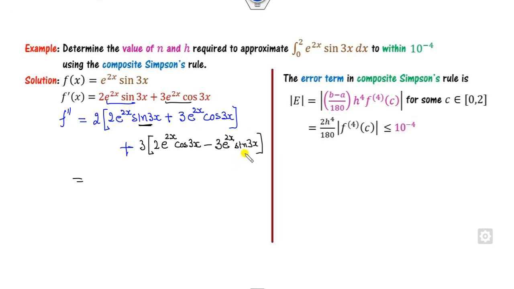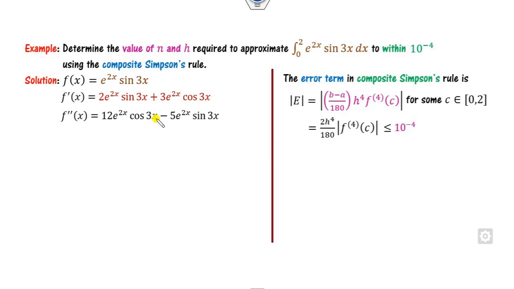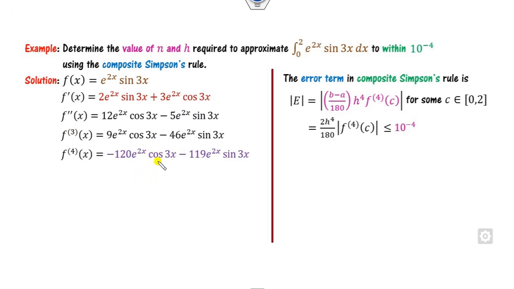This is a sine, this is a sine: it's a 4, it's a minus 9. 4 minus 9 is here. Similarly, it's a cos and this is a cos: it's a 6, it's a plus 6. It's a plus 12 e raised to power 2x cos of 3x. This is the double derivative. Now you can find the third derivative. Similarly, you can find the fourth derivative here.